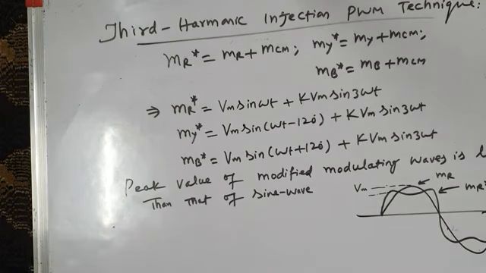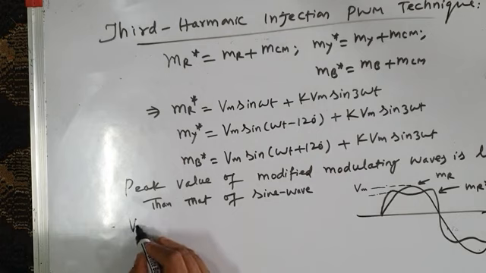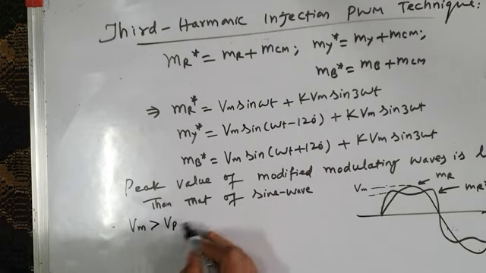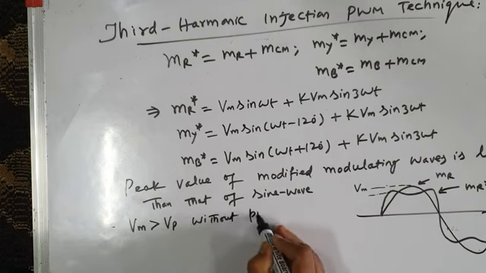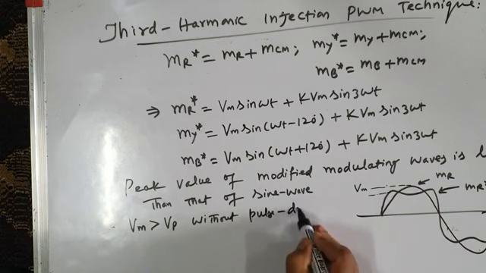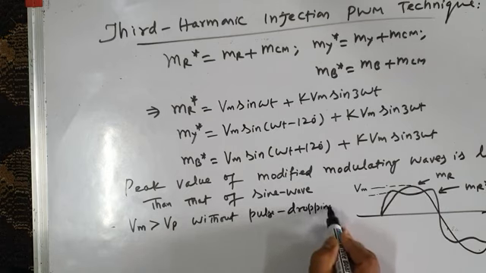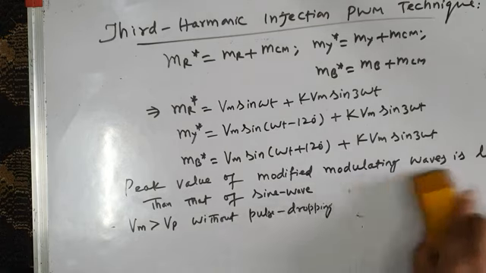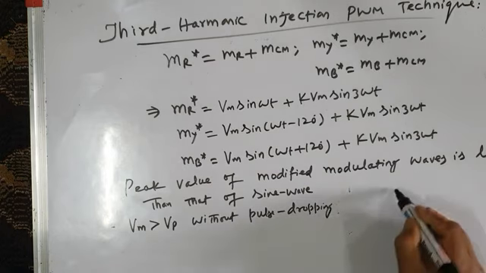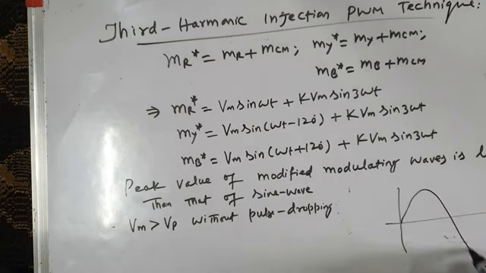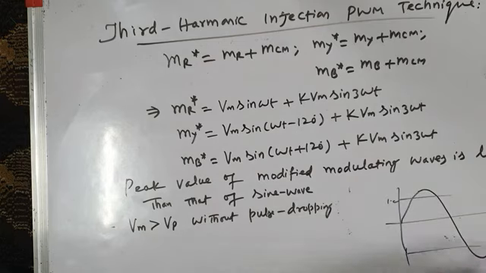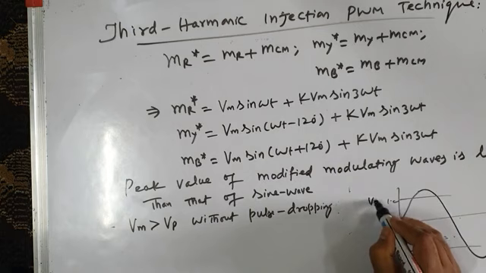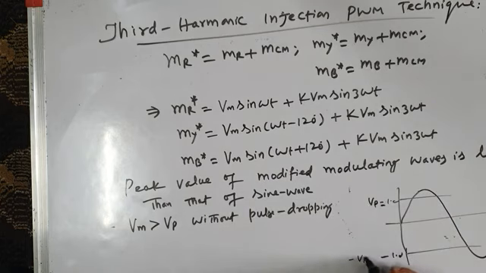That was the first point. The second point was that Vm is greater than Vp without pulse dropping. See, if third harmonic injection is not done, then in order to get higher inverter output voltage, we have to go for overmodulation. So for example, this is Vp equal to 1, and this is minus Vp equal to minus 1.